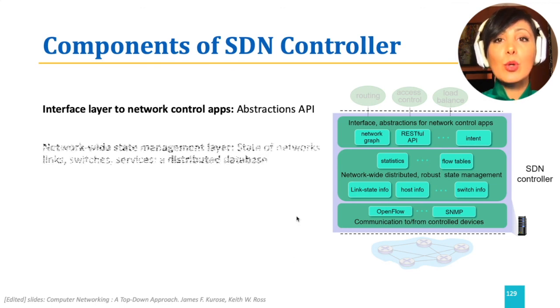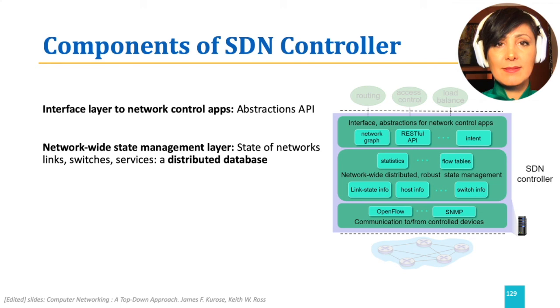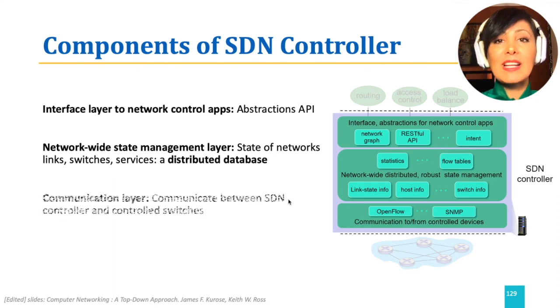Second, network-wide state management: link state information, host information, switch information, statistics, and monitoring, all of them ultimately leading to flow table calculations to be propagated to the devices. And third, providing the southbound interface to control devices.